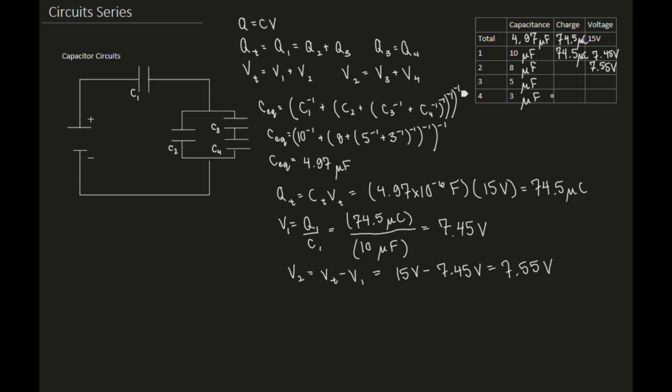And then I use the same equation to find charge. So charge across 2 equals capacitance across 2 times voltage across 2. That's going to be 8 times 10 to the negative 6 Farad multiplied by 7.55 volts. And I get that that is 60 microcoulombs.